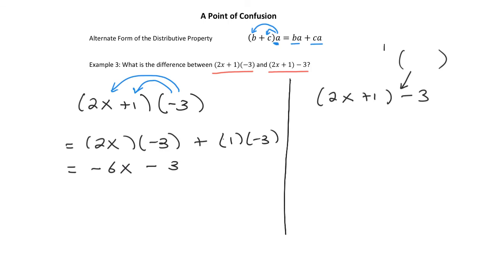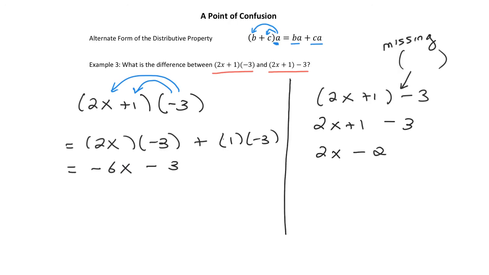So this is missing. So therefore, I could really think of this problem as just 2x plus 1. The parentheses were not necessary there. And then at the very end, there's minus 3 left over. When this simplifies, you have 2x, but you have 1 minus 3, which is negative 2.